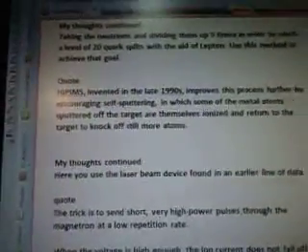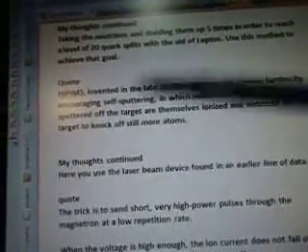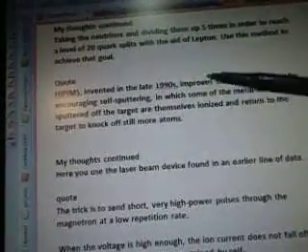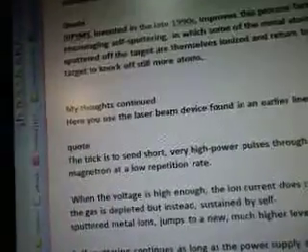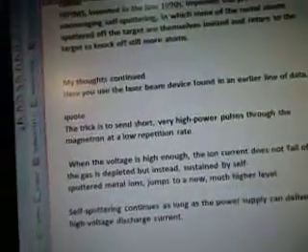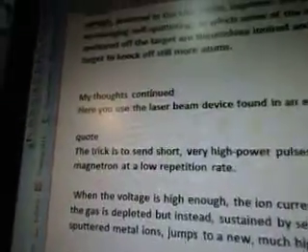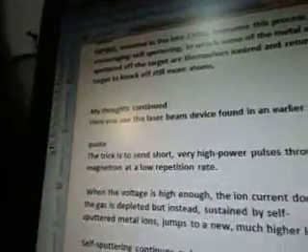So they bounce off the target, then they're attracted back to the target, so it's like a boomerang effect, and then they knock off even more atoms. Interesting. My thoughts continued. Here you use the laser beam device found in an earlier line of data.